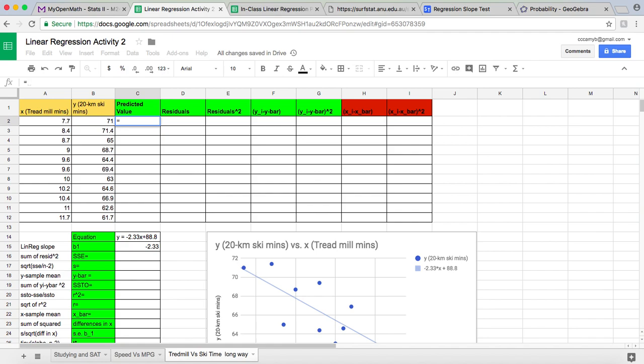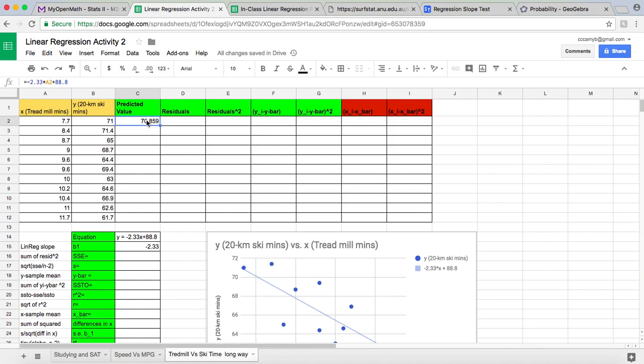Well, it equals our equation, so negative 2.33 times, and we want it times our x value, so we're going to go over and click on the x value that we want it for, and then plus 88.8. And so here's our observed y, and here's our predicted y.